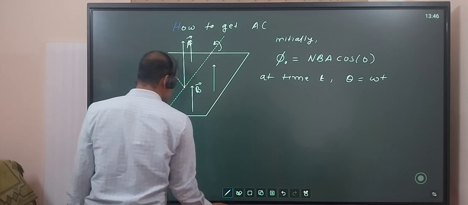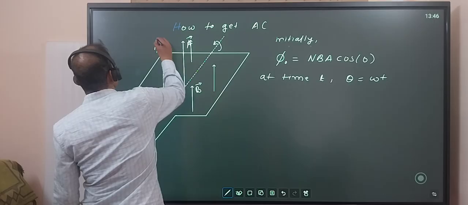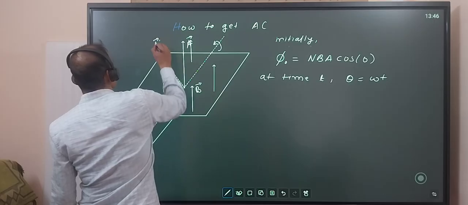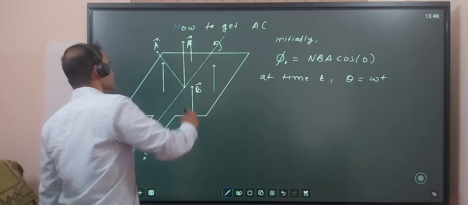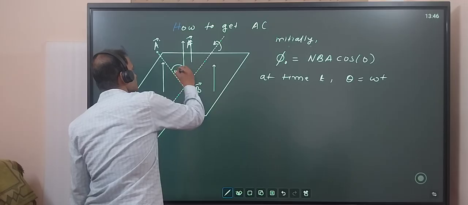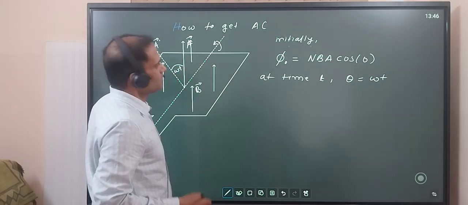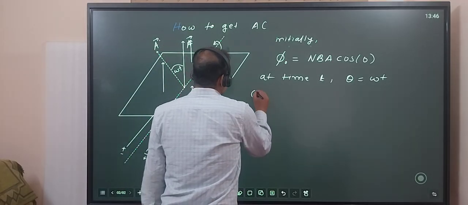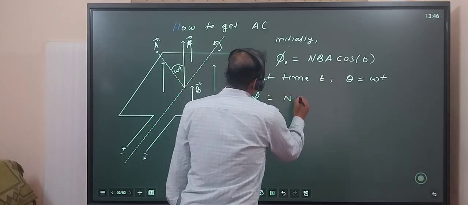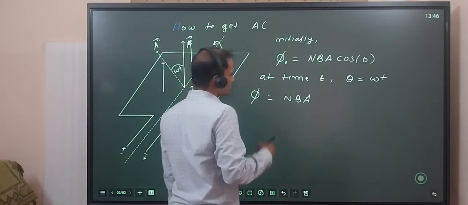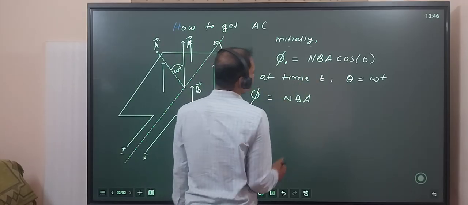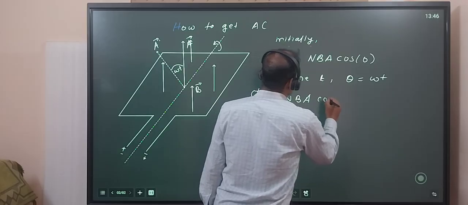I will show it. So this is our area vector. I have shown it by a dotted line, and this angle is omega t, right? So flux at any other time t will be NBA cos omega t.